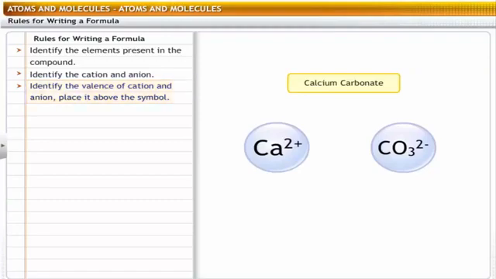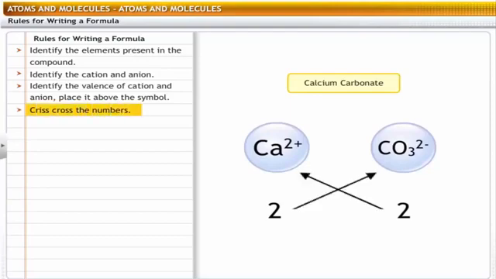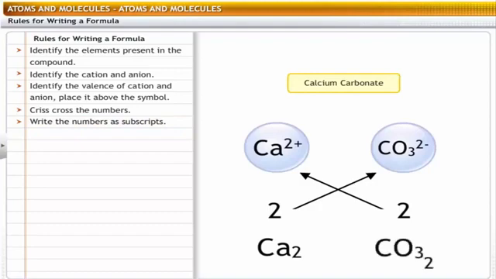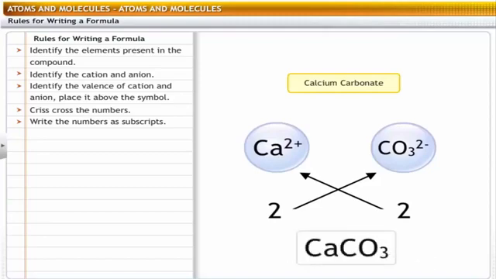For example, the valency of calcium is 2 and the valency of carbonate is also 2. Then cross-multiply the valencies. Now write the numerals as subscripts right after the respective symbols, Ca2 and CO3 2. In case of calcium carbonate, both the valencies are 2, hence the formula is CaCO3.